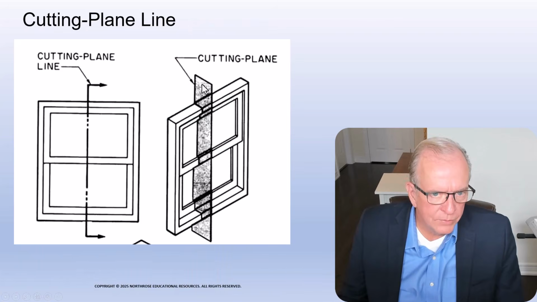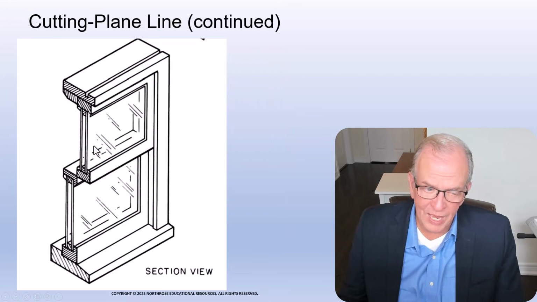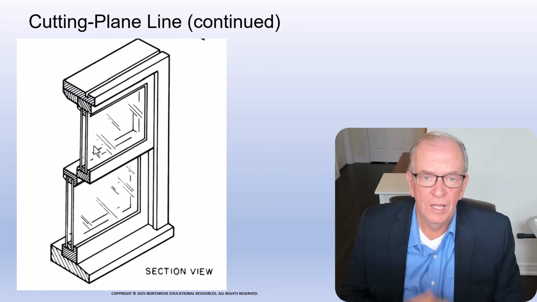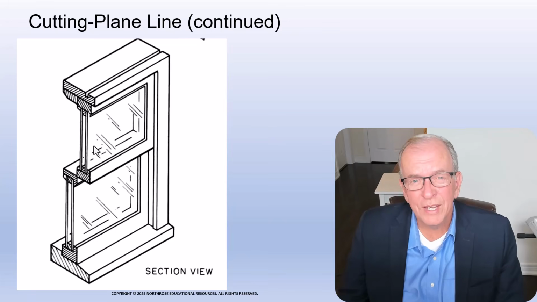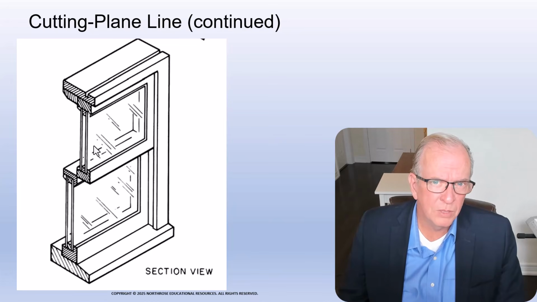So it's really this looking through, cutting through, and what do I see when I open it up? It's very important to understand that concept because it's foundational to everything in construction drawings. In low-rise residential there might not be that many details provided, but once you start doing more complex buildings, there are a lot of details.